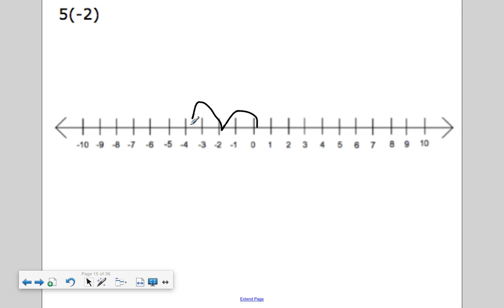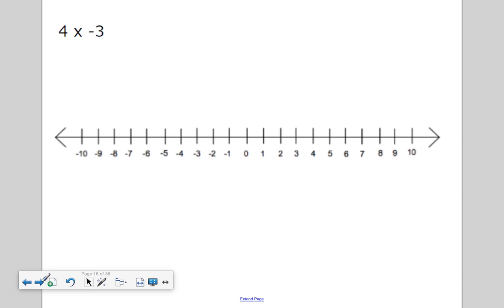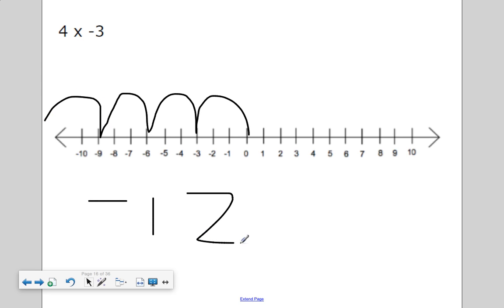One group, two groups, three groups, four groups, five groups, so it's -10. 4 times -3. 4 groups of -3. 1, 2, 3, and it'll be -12.